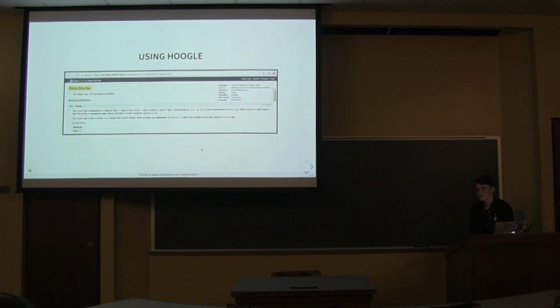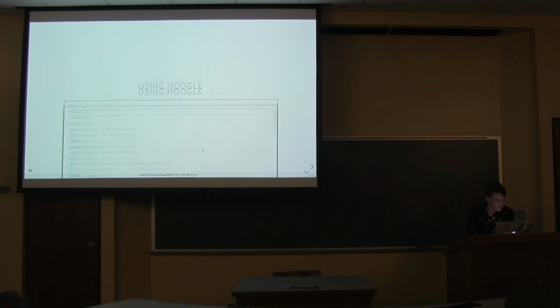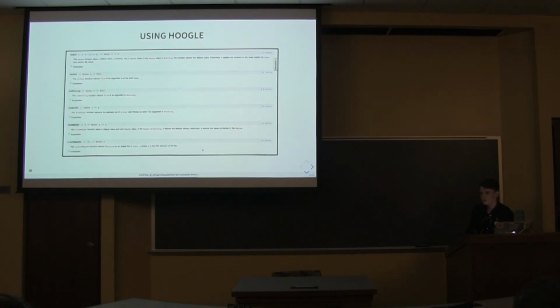To import Maybe, we would write import Data.Maybe, and let's take a look at the rest of this page just so that you can be familiar with Google. We have the type constructor data Maybe A up there, and then we have the data constructors Nothing and Just down below. After that, we have the type class instances, and we have a whole bunch of functions that are defined in that module too.